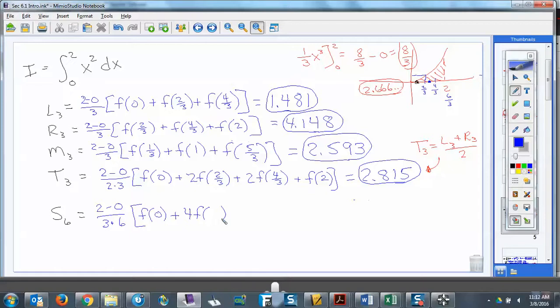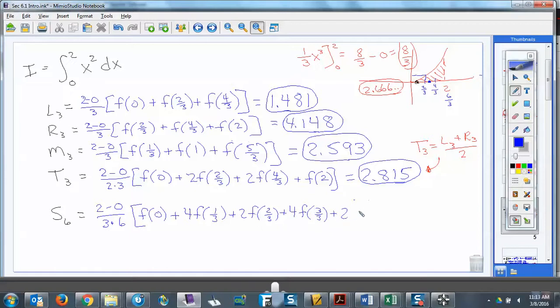We're using the midpoints also. So it's 4F of 1/3 plus 2F of 2/3 plus 4F of, all you have to do is go up to the midpoint and see what the next midpoint was. It was at 1 or 3/3. Maybe if you see the pattern, it's helpful here.